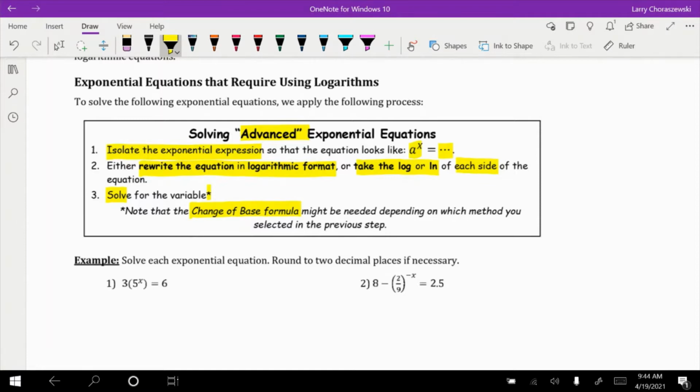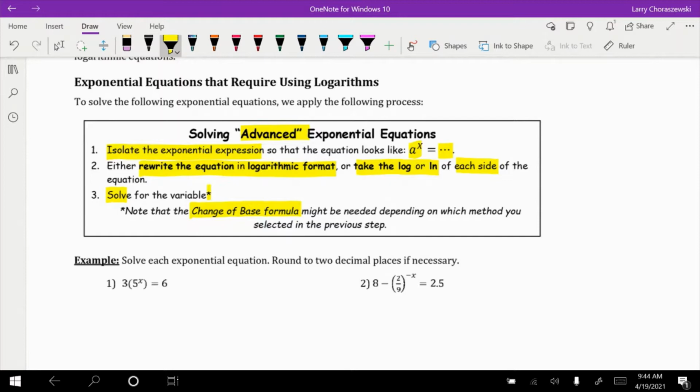In some cases, you might need to do the same thing when you take the log or natural log of each side. But I'll let you in on a secret. You're not really forced to use log base 10 or log base e. The reason they show up in this technique is because there are buttons on the calculator.